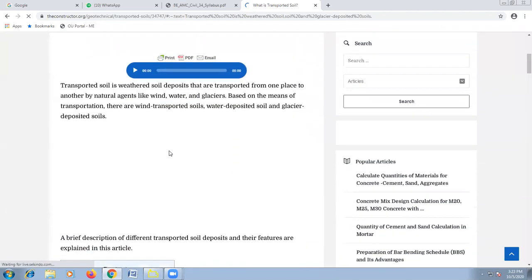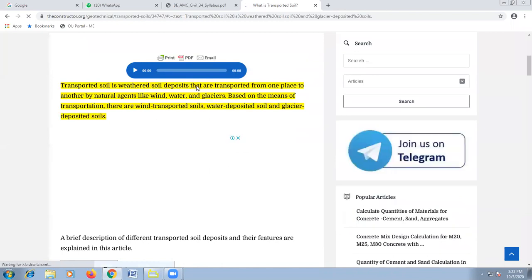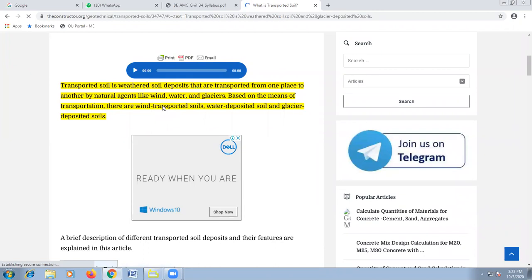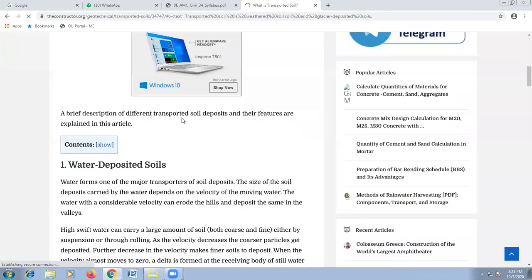These are weathered soils transported from one place to another. And how do they get transported? They get transported by natural agents like rivers, glaciers, wind, etc.